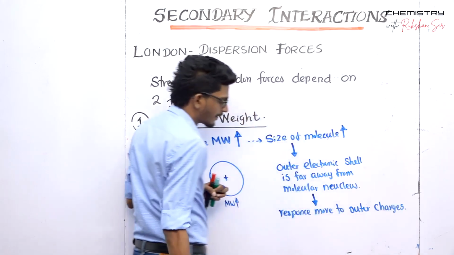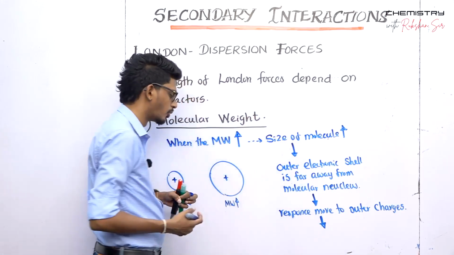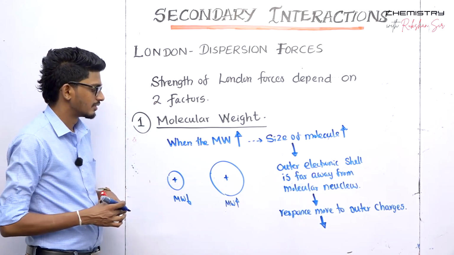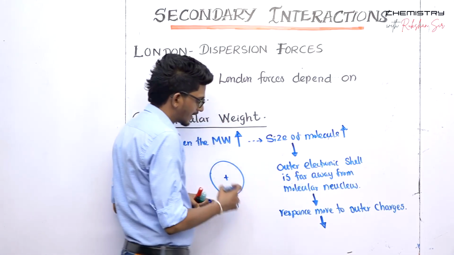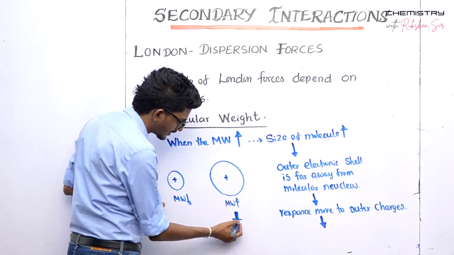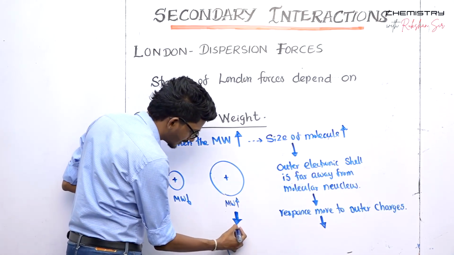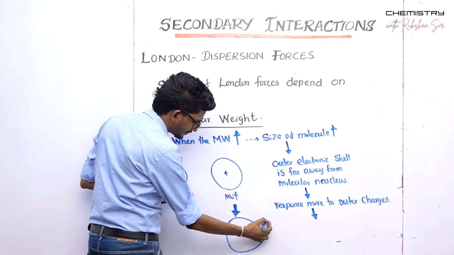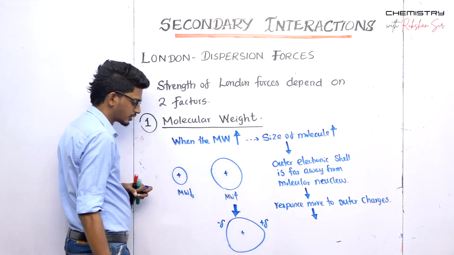That means your polarizability is high, it is easy to create poles, and your London force strength will be high. As you respond more to the outer charges, you will create poles more easily. So poles will be created more easily as you have greater polarizing power, sorry, polarizability.